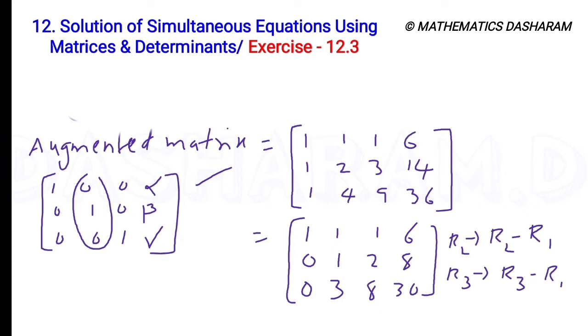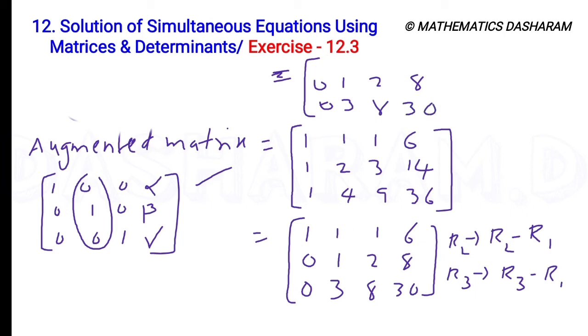To get the zeros at those two places, first of all the second row I am writing as it is, 0 1 2 8, because I am not changing that one. The third row also I am not changing now, so 0 3 8 30. Let's get the 0 at this place.